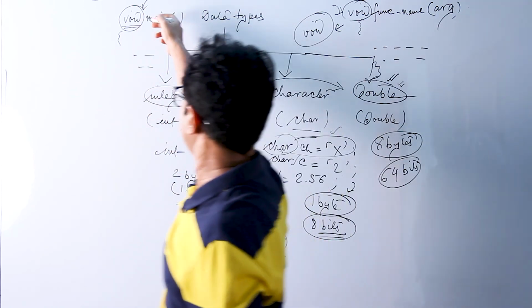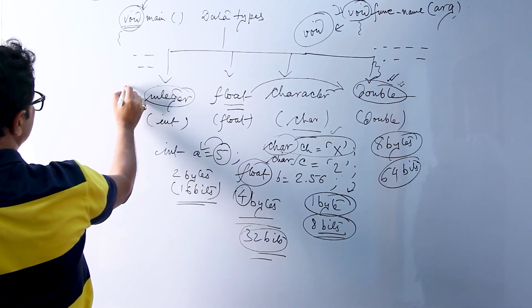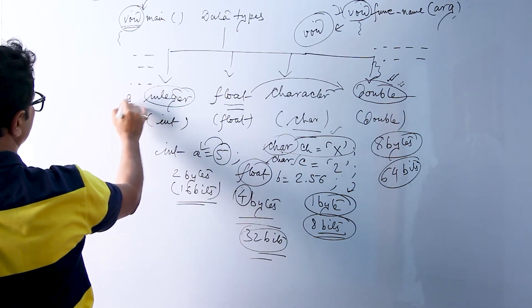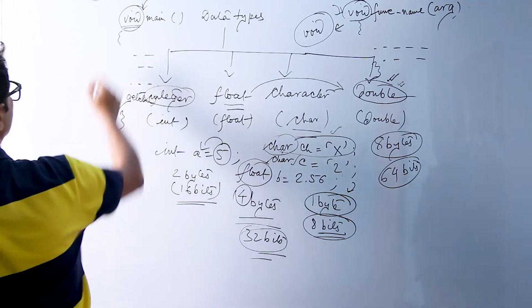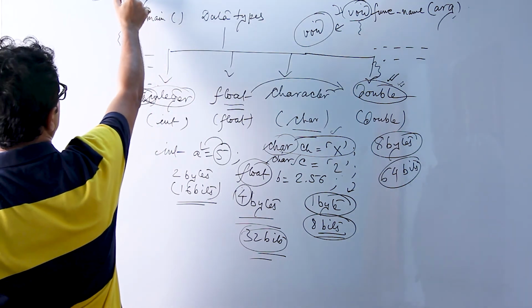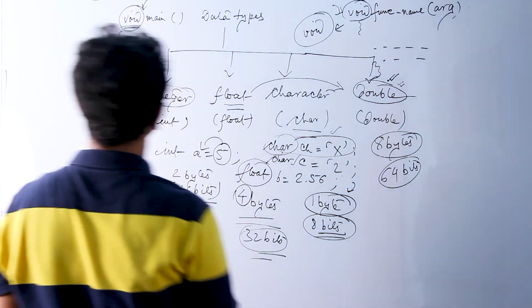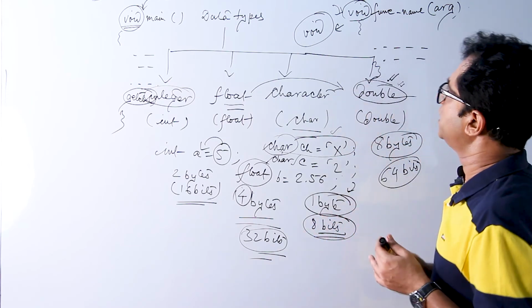So return 0 is not needed. Finally we write the getch statement and then come to the closing brace, and this getch is included in another file inclusion directive called #include conio.h. I will discuss it later on.